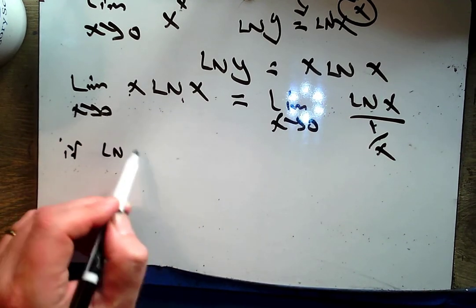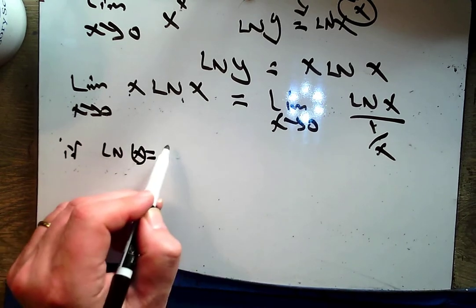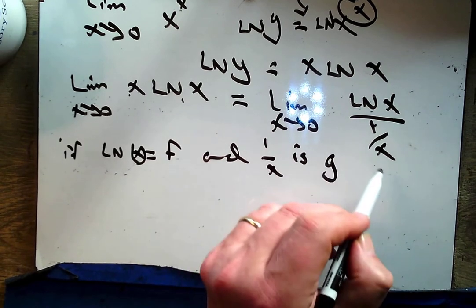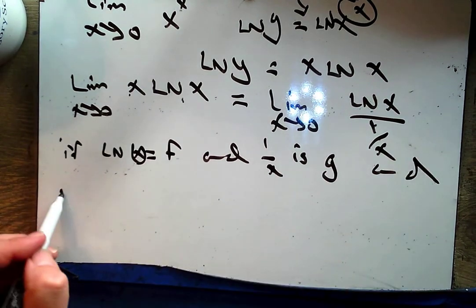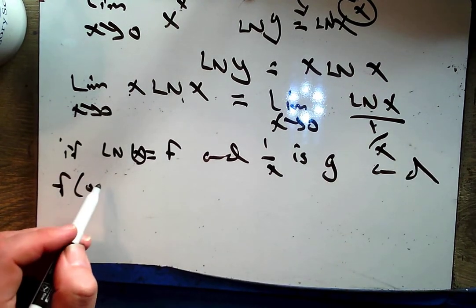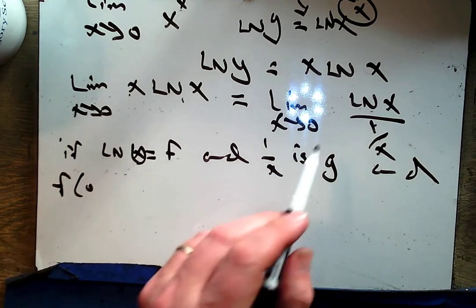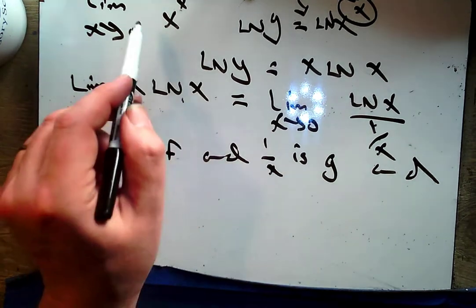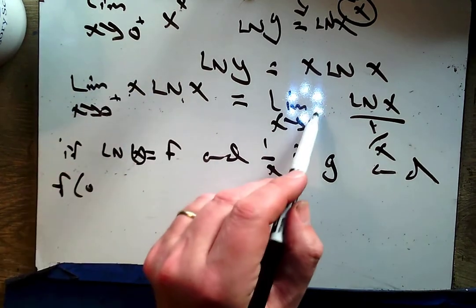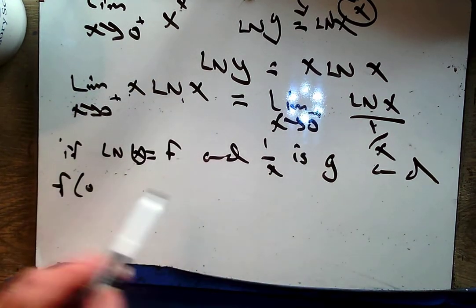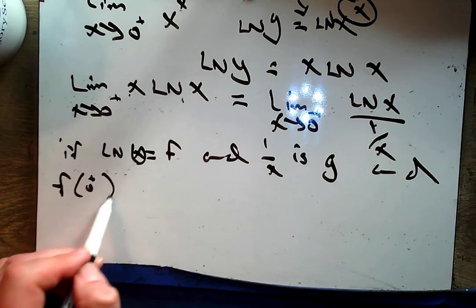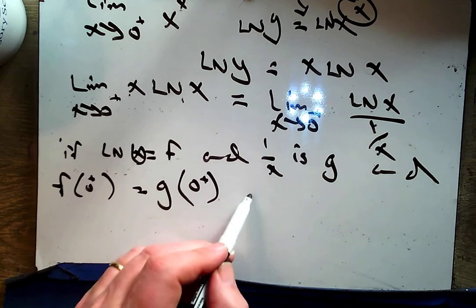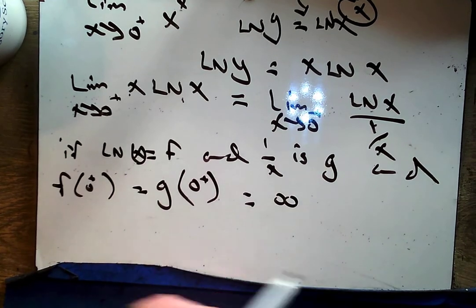And I say, great, let's say if ln of x is f and 1 over x is g, and f of, oh, I just don't like this because that really needs to say from the positive. Okay, we'll fix it that way. That feels better. f of 0 from the positive equals g of 0 from the positive, but they're both equal to infinity.